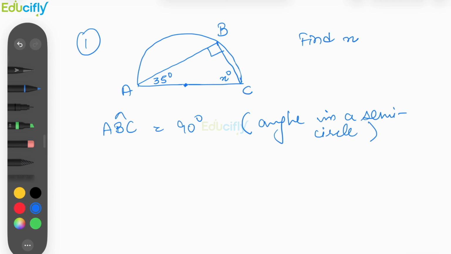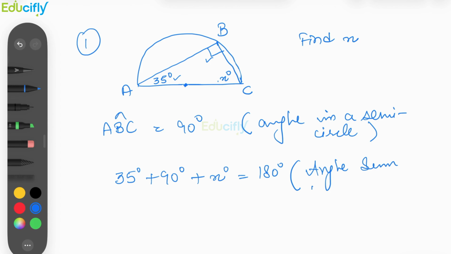Now I know that this is 90, this is 35, and this is x. If I have to find x, I can use the triangle property here. So I can write 35 degrees plus 90 degrees plus x degrees is equal to 180, and the reason is angle sum property of a triangle.